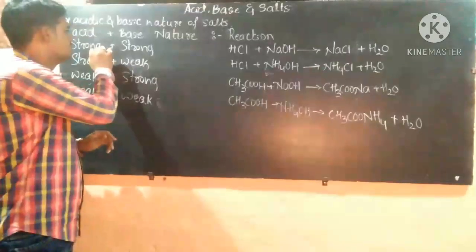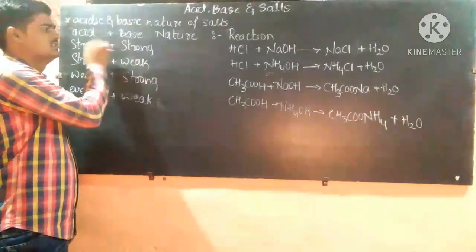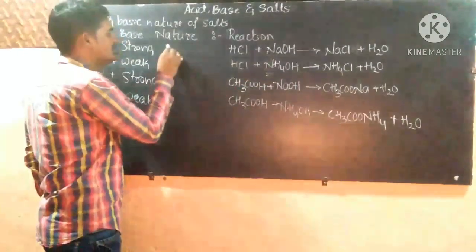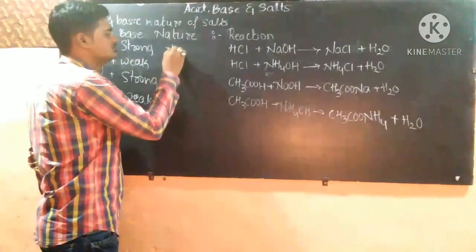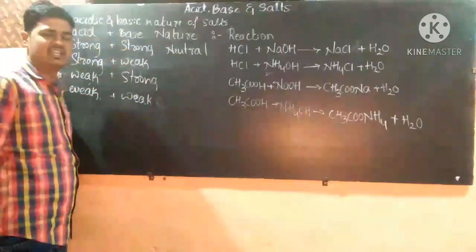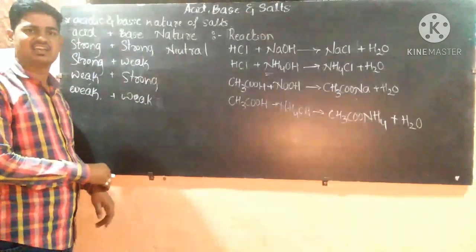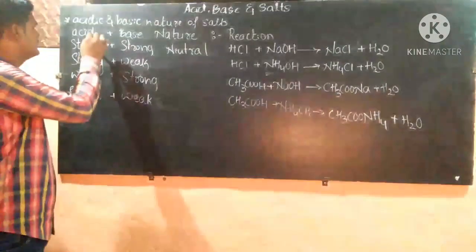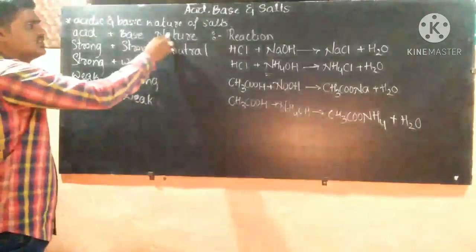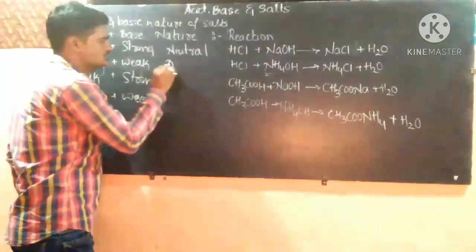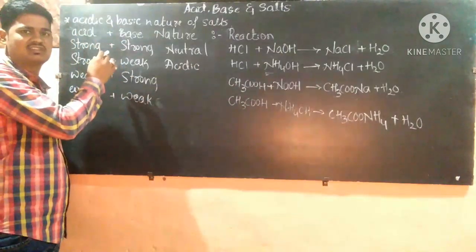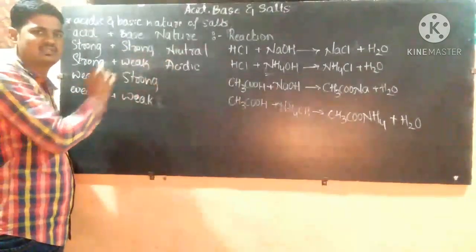If both the acid and base are strong, then the nature of the salt formed will be neutral, because both are strong. If we use a strong acid and a weak base, then the nature of the salt will be acidic, because the acid is strong here, so it will show its characteristic property.